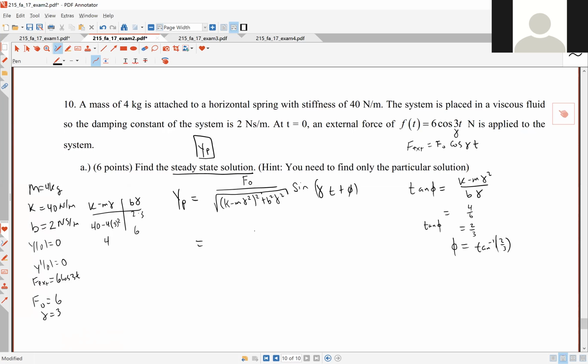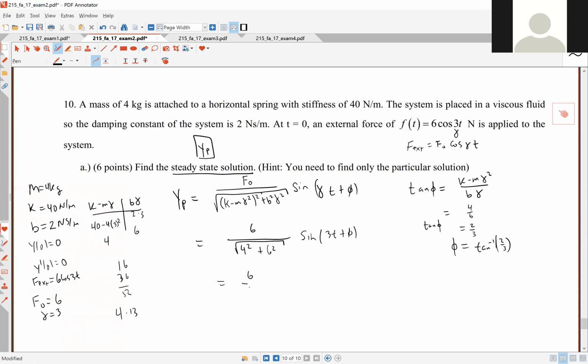All right, F naught is 6. K minus m gamma squared we found to be 4. B gamma is 6. That's 16 plus 36, 52. 52 is 4 times 13.